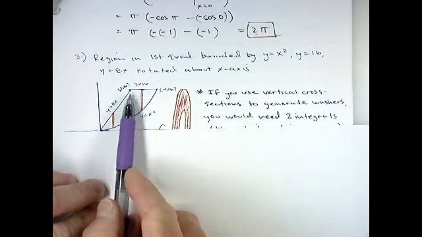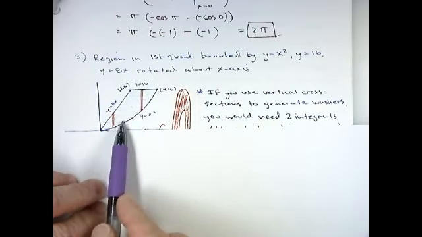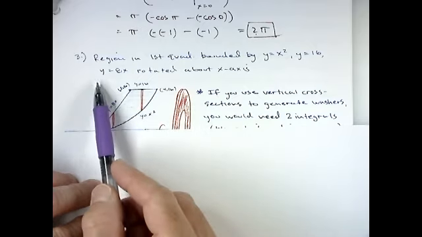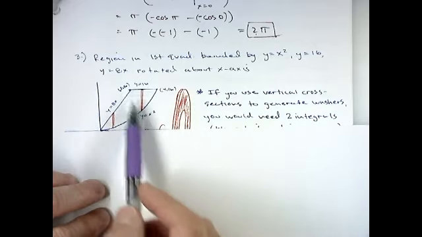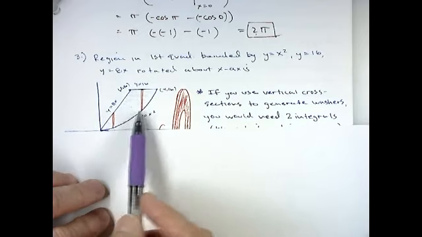So here's what's true. If you know that it would be better to use horizontal cross sections if you were doing area, then no matter how you revolve this region, whether around the y-axis or the x-axis, it would be better to stick with horizontal cross sections.